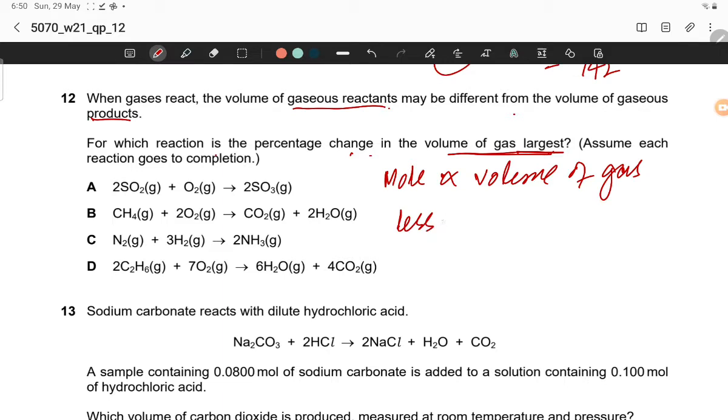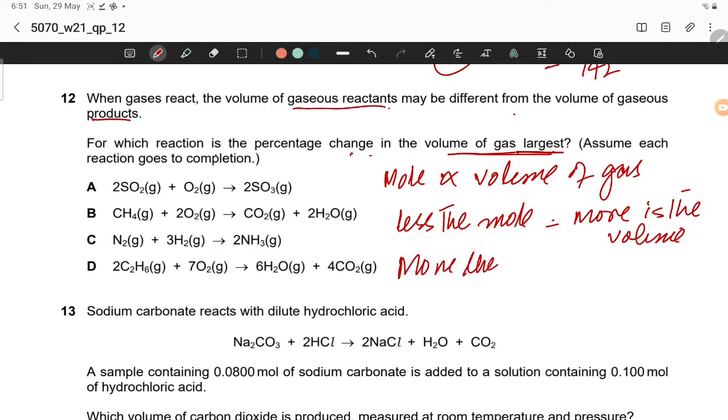The fewer the moles, the less the volume, and the more the moles, the more the volume.